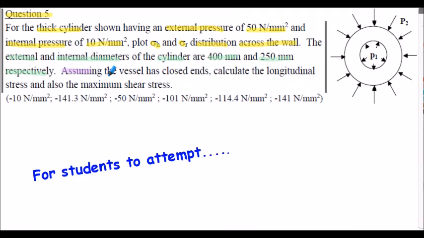Assuming that the vessel has closed ends, we're asked to calculate the longitudinal stress and also the maximum shear stress in the vessel wall. The answers are stated in the brackets. I would encourage you to stop the video and attempt this question and work it through at your own pace, using the previous work we've considered in this presentation to help you with your solution.